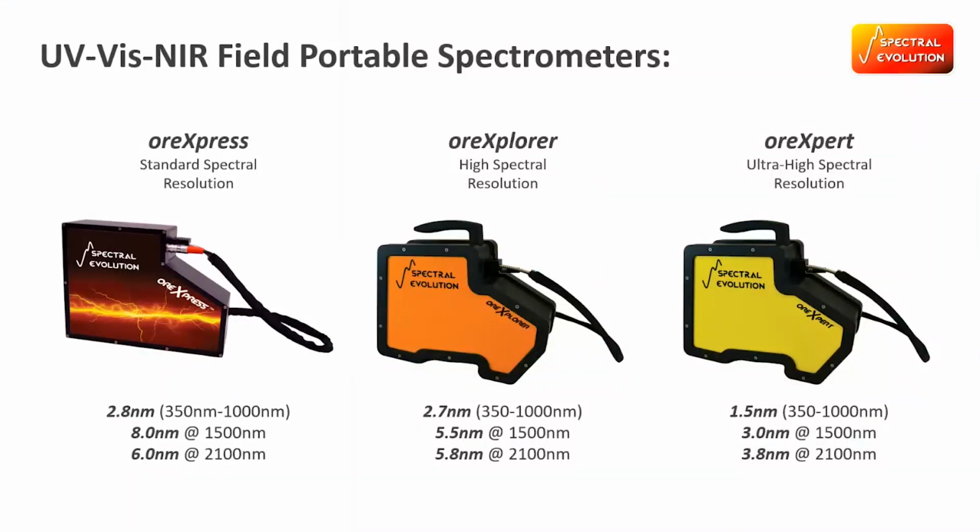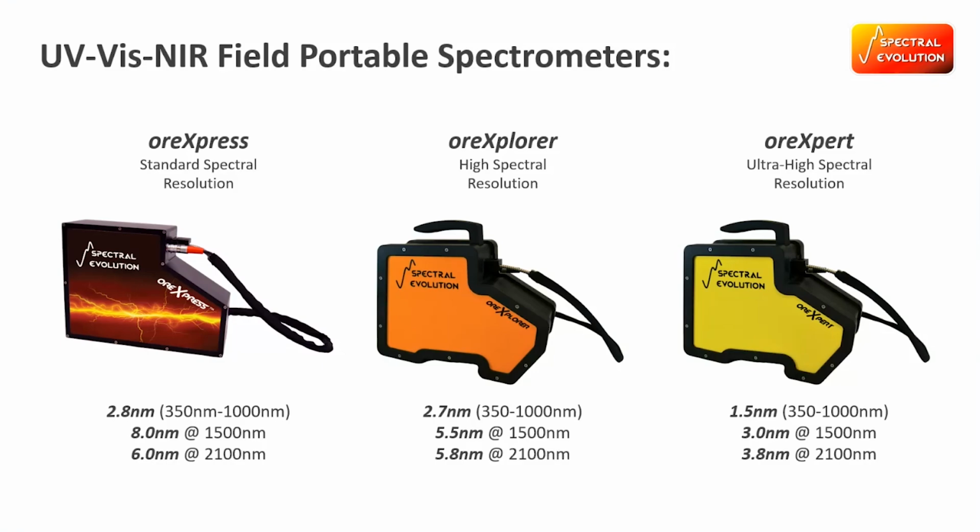So Spectral Evolution has 3 different spectrometers that we offer, all differentiated by their spectral resolution. The standard resolution instrument would be the oreXpress. We've had this for quite some time on the market.